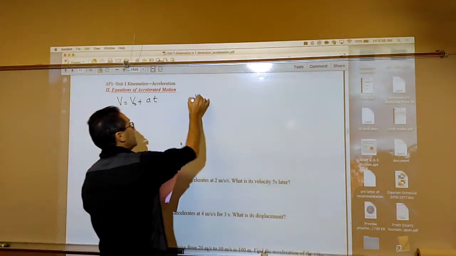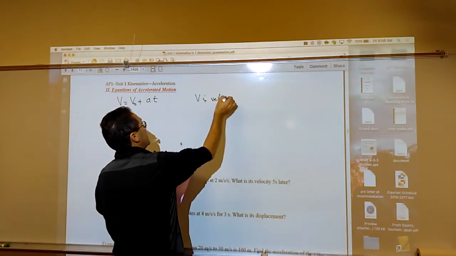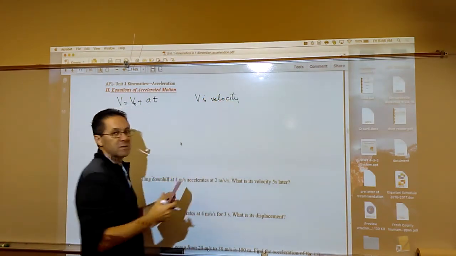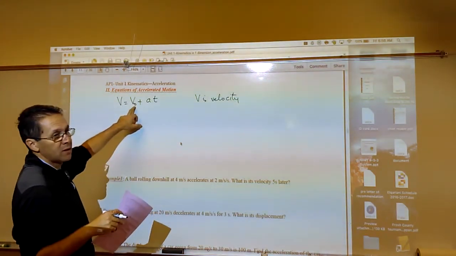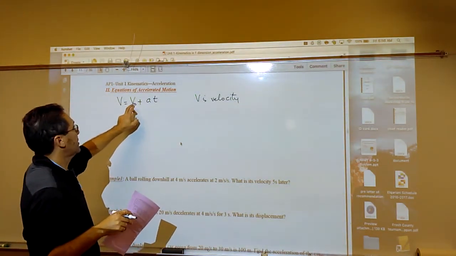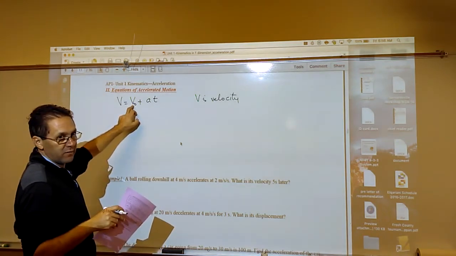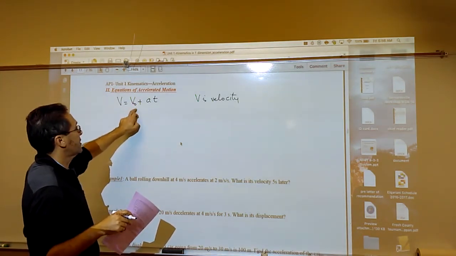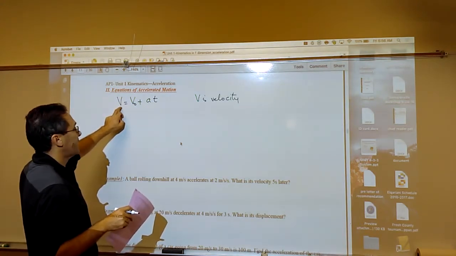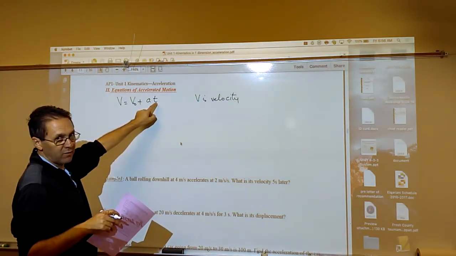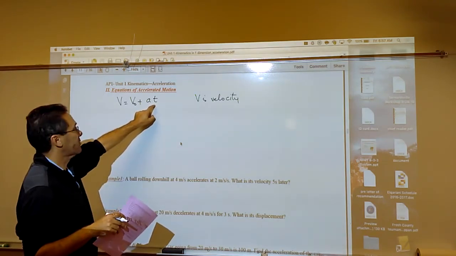V is a velocity. It's not speed. Sometimes they are the same thing, but sometimes they are not. The V0 is your initial velocity, like your velocity when the time is equal to 0. A is acceleration and t is time. Now V is your velocity after you have traveled t seconds.